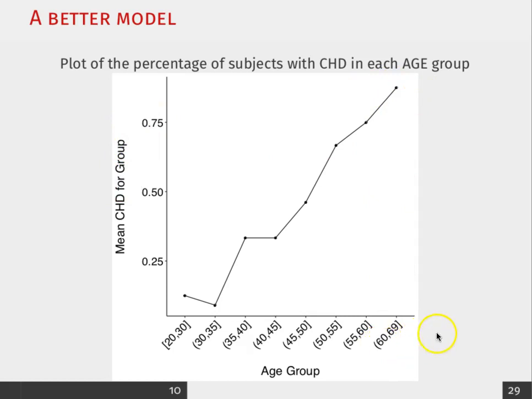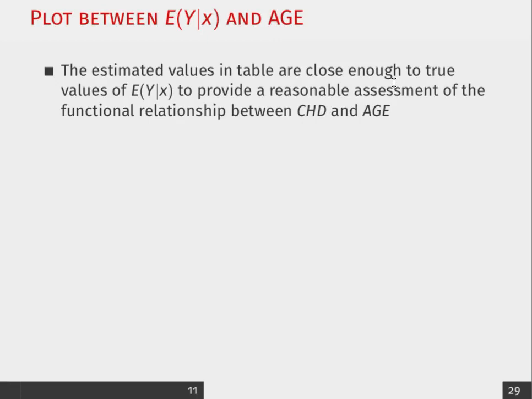So when we look at people in the 60 to 69 category, about 80% of those individuals display a presence of CHD. Now, this is really nice because the estimated values in the table are pretty close to the expected value of y given x.